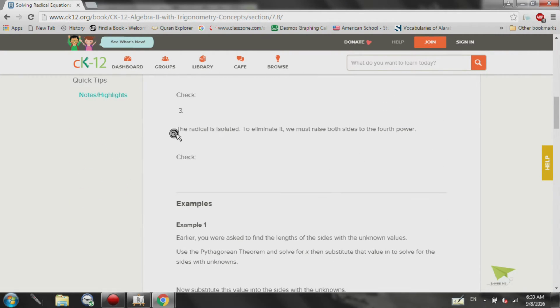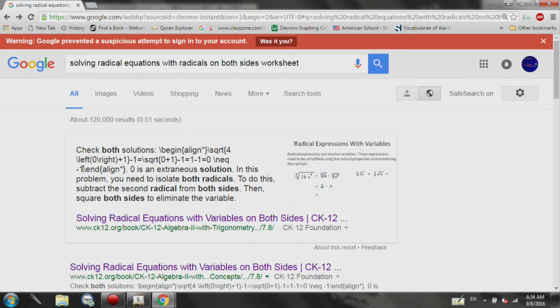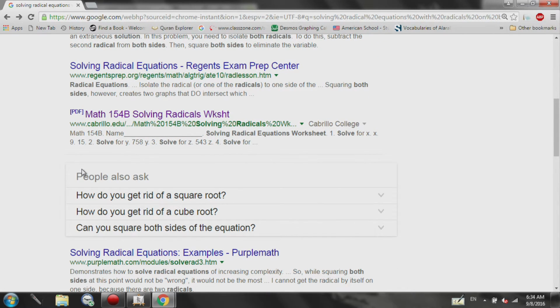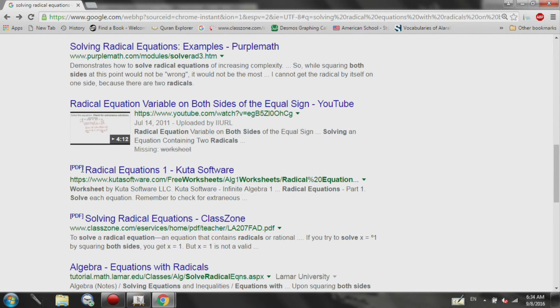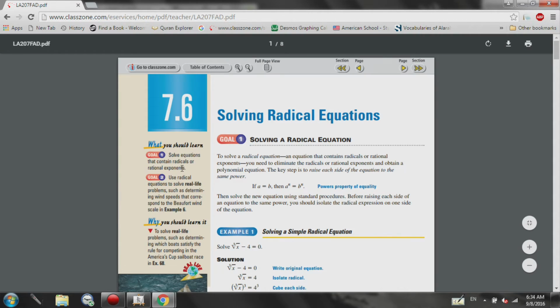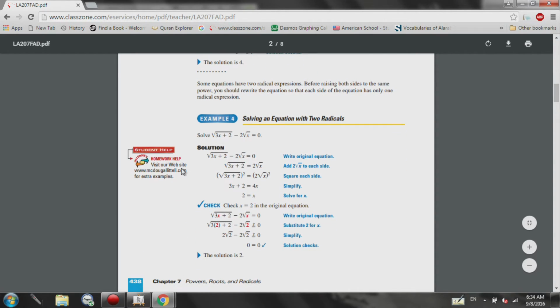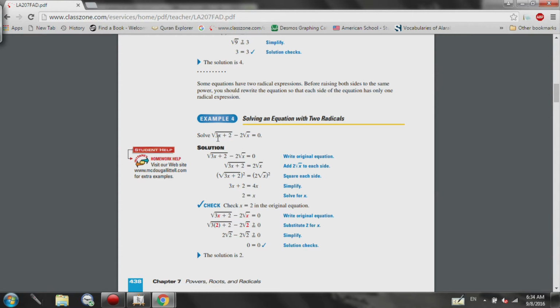Let's see if we can come up with a nice worksheet. Radical equations on both sides. Radical equations, other radical equations. Okay, let's try this. Okie dokie. Oh, this is a good one. Right, let's try to do this one actually.